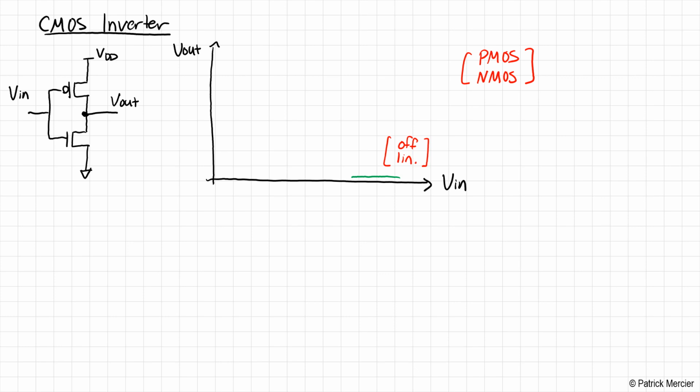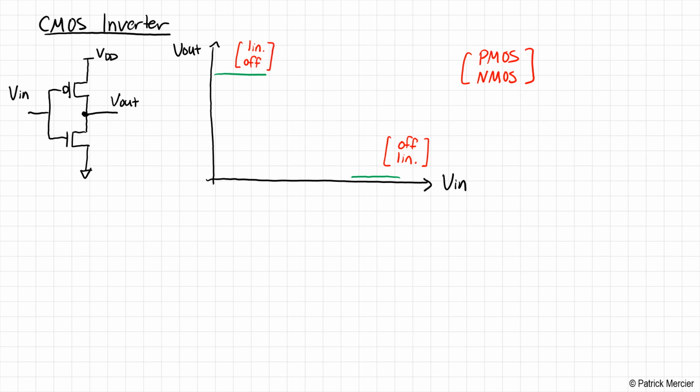So we should be operating somewhere up here. And just as we said that when Vin was large, the NMOS was in the linear regime, we can say the same thing about the PMOS transistor here. Its VSG is very large, so it's definitely on, but its VDS is very small, so it's operating in the linear regime. And as we discussed, the NMOS transistor is in the cutoff mode.